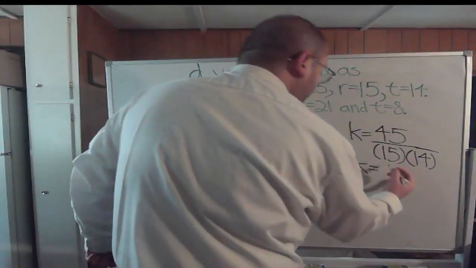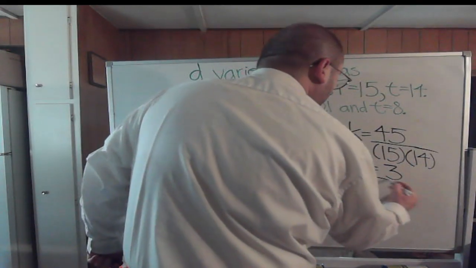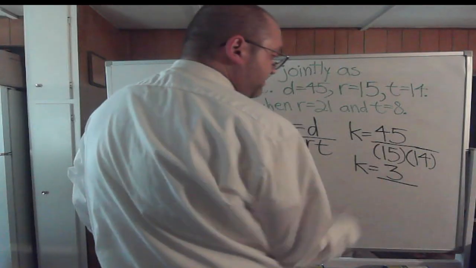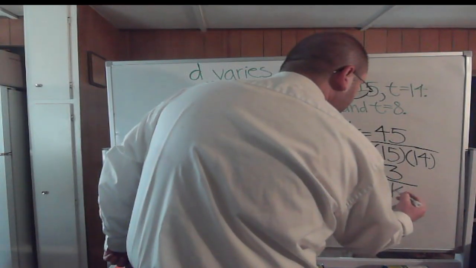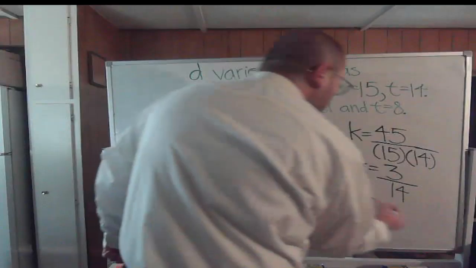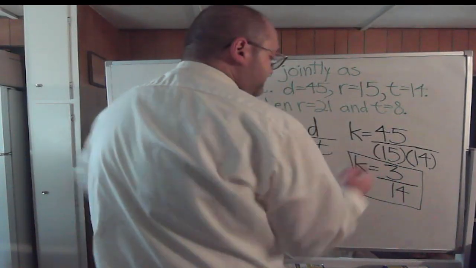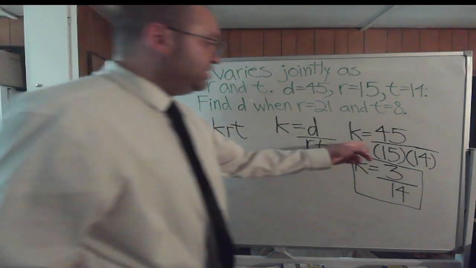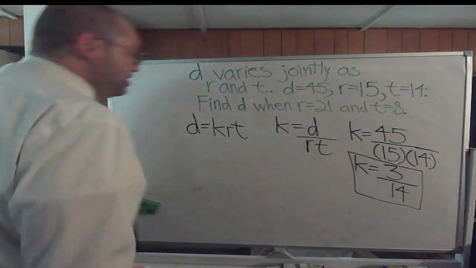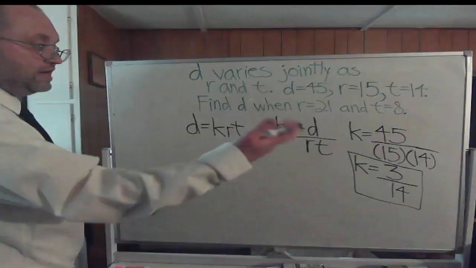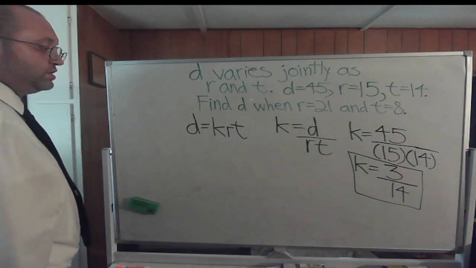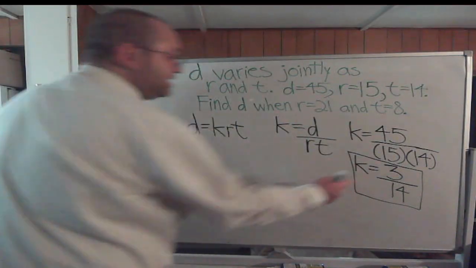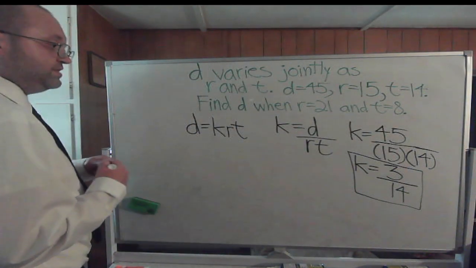You'll end up getting 3 in the numerator, and the 15 in the denominator will cancel out, leaving just a 14 in the denominator. So your constant of variation for this equation is going to be 3/14. You could have done the multiplication and then done the reduction, but why go through all the trouble? If you can factor out anything, by all means, please do so. Okay, so we've obtained piece 1 of the puzzle. The constant of variation equals 3/14.